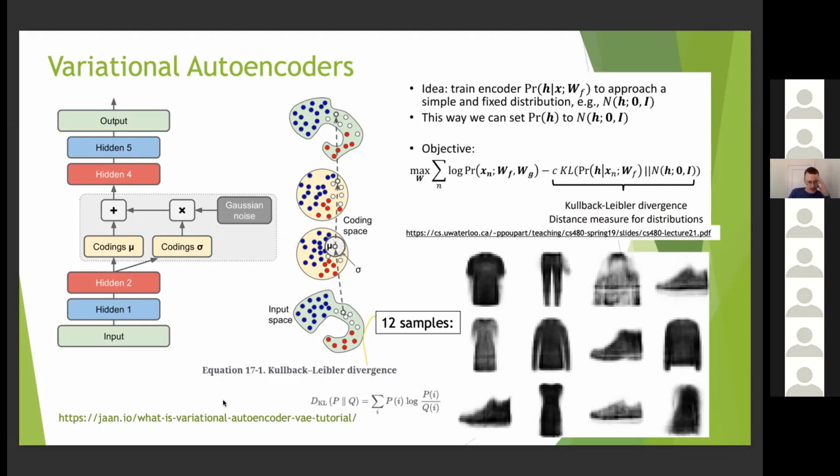So here, what we're trying to do is we are using the same autoencoder architecture, but rather than having a deterministic hidden representation producing an output like we've seen in the previous examples, what we're going to do here instead is just predict a mu and a sigma, and that will be our latent representation.